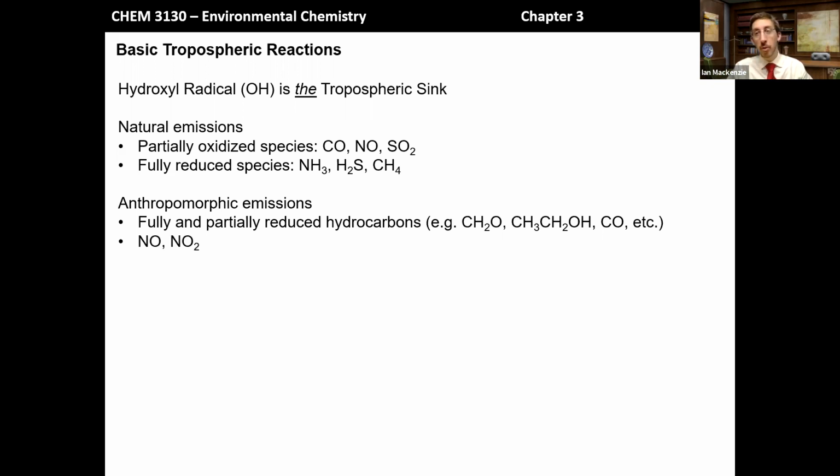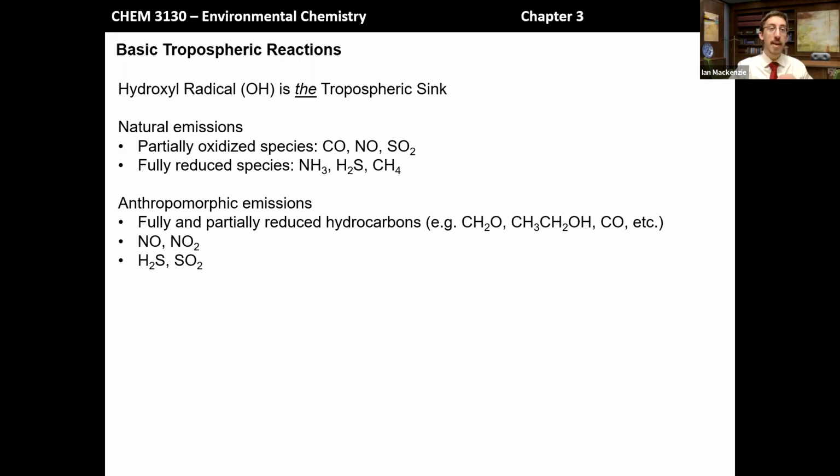And then also nitric oxide and nitrogen dioxide are both common emissions, as well as sulfur-containing compounds like hydrogen sulfide and sulfur dioxide.